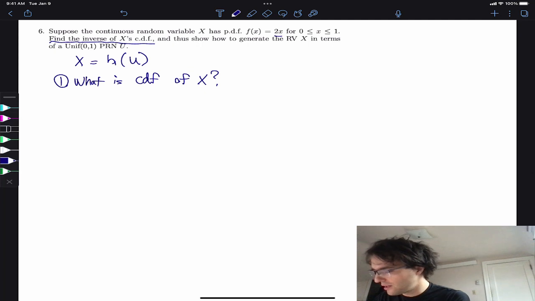We have the PDF f of x, but to get the CDF we have to integrate it.